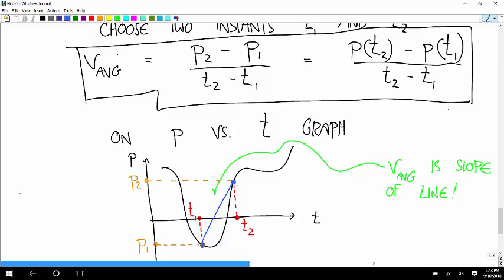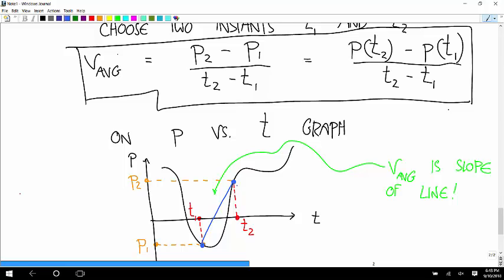And if that average velocity, okay, so velocity is always directional. It always has directional information attached. And that direction is the sign, the plus minus sign.